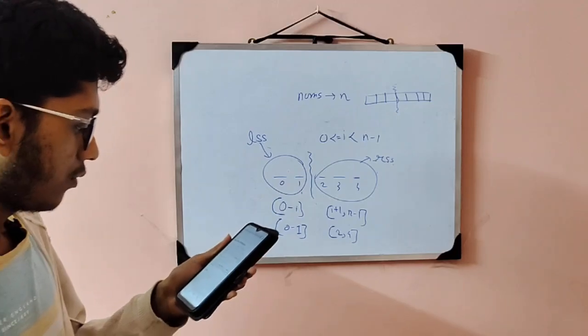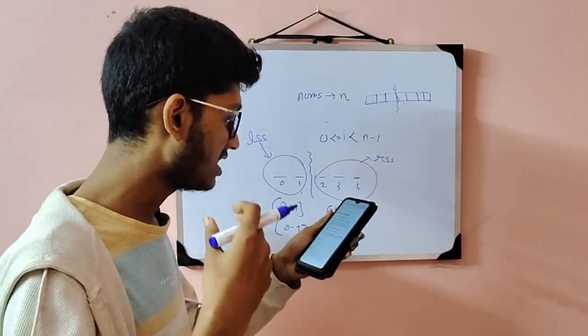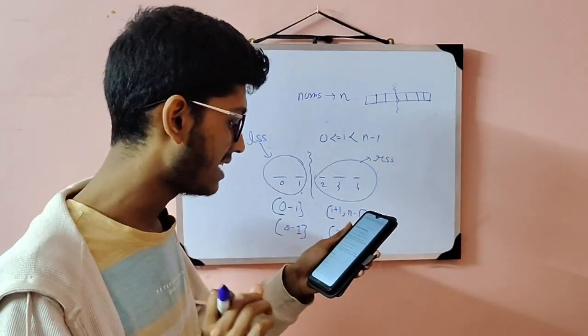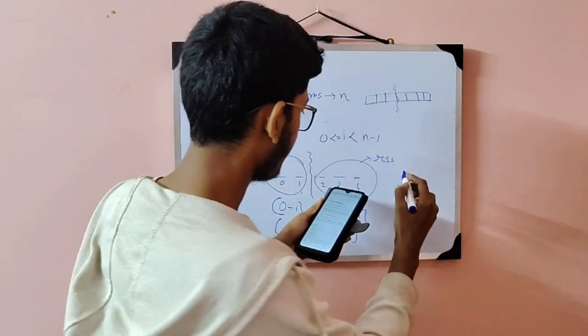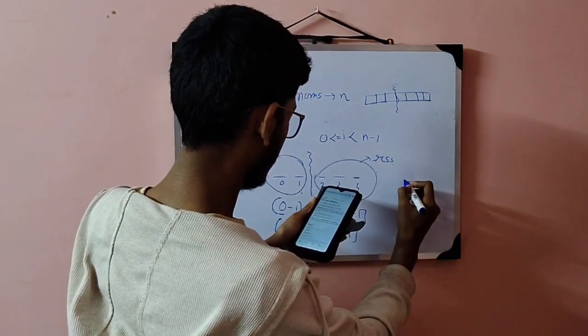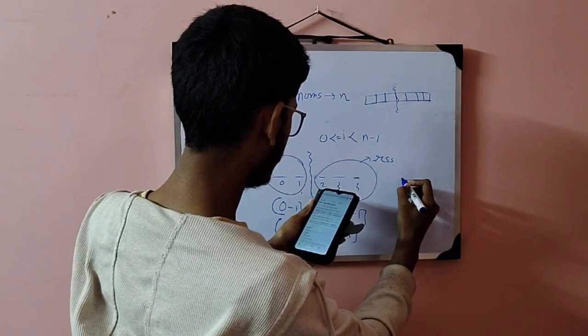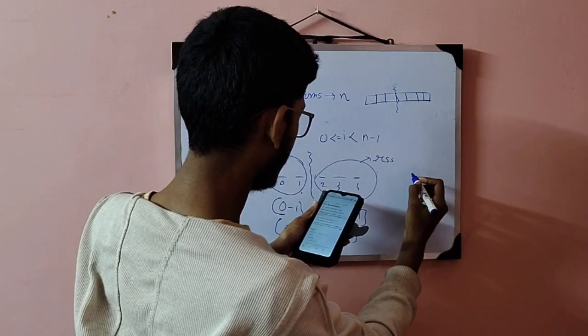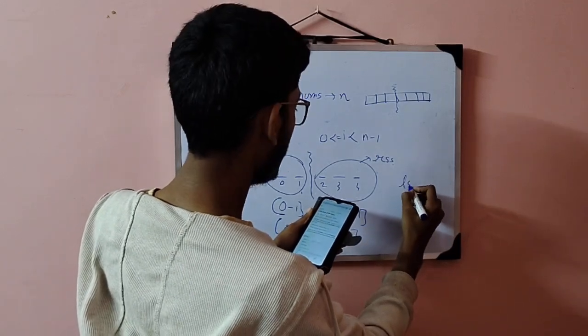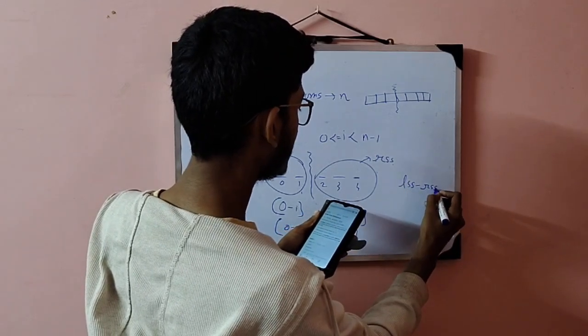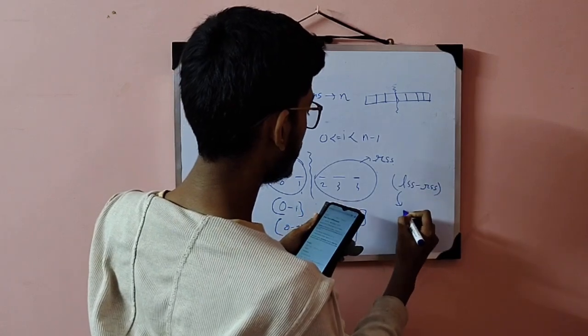We need to find how many partitions we can make such that the difference, LSS minus RSS, is even.